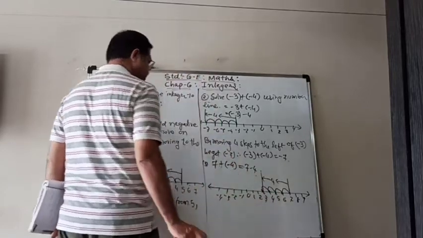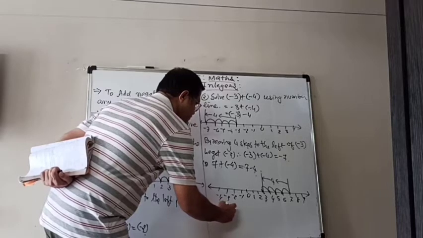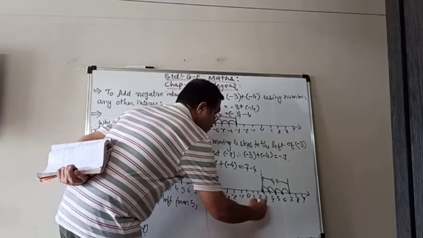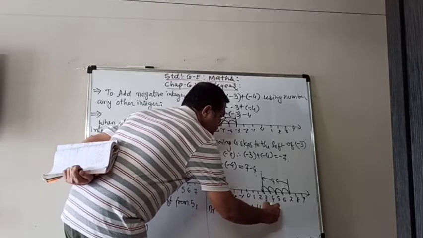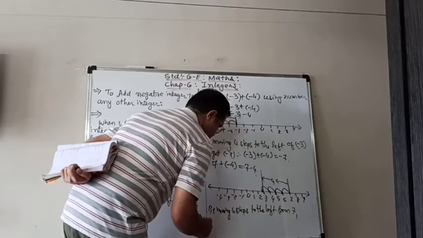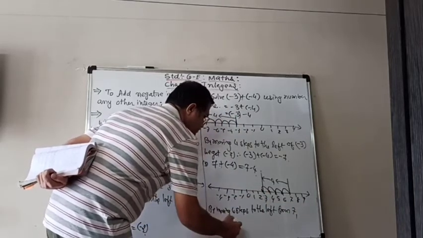What did we get here? 3. So by moving 4 steps to the left from 7, we get 3.